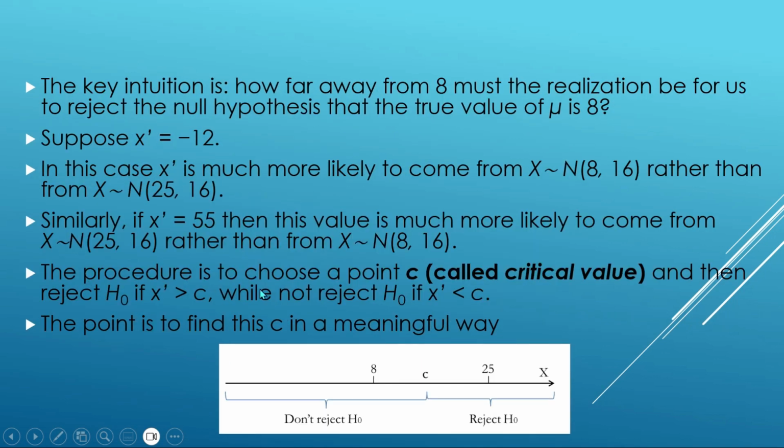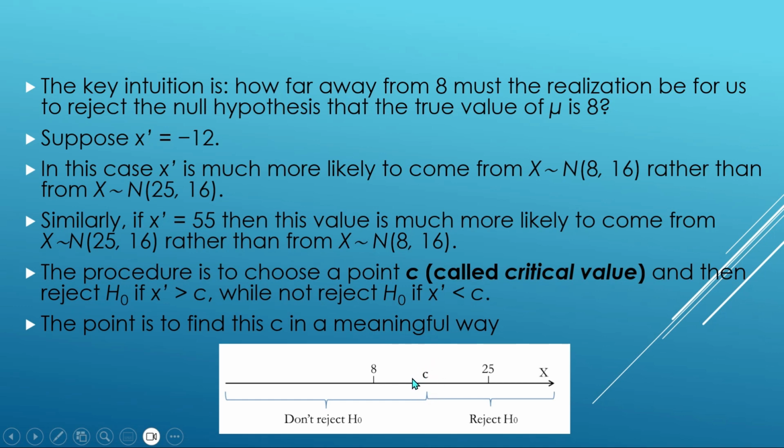The procedure is to choose a point C called critical value and then reject H0 if x prime is greater than C, while not rejecting H0, the null hypothesis, if x prime is less than C. So we have got to find this value.